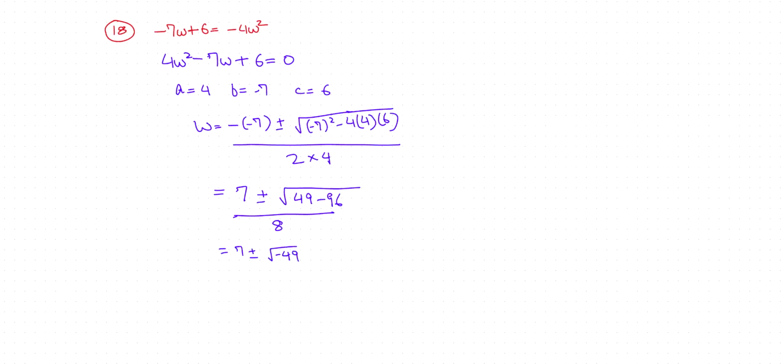over 8. We know the square root of -47 is the square root of -1 times the square root of 47. So this gives i and the square root of 47.